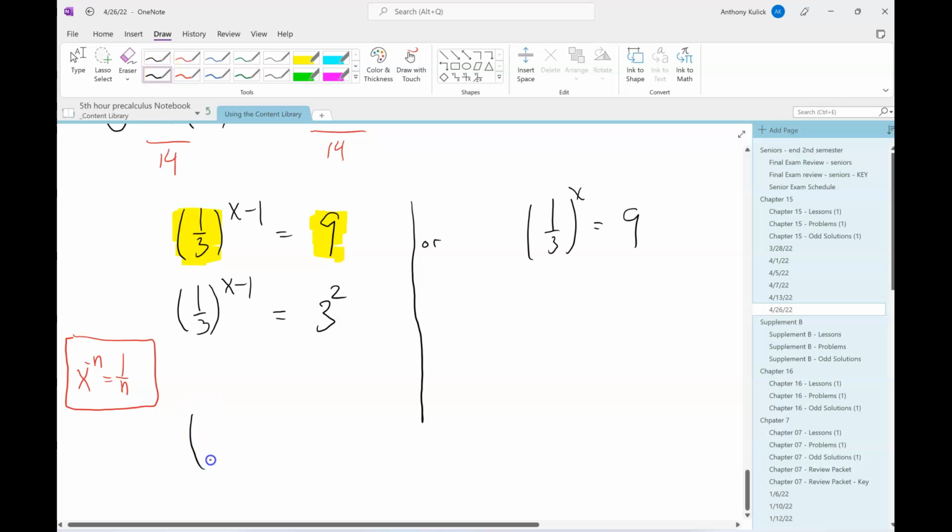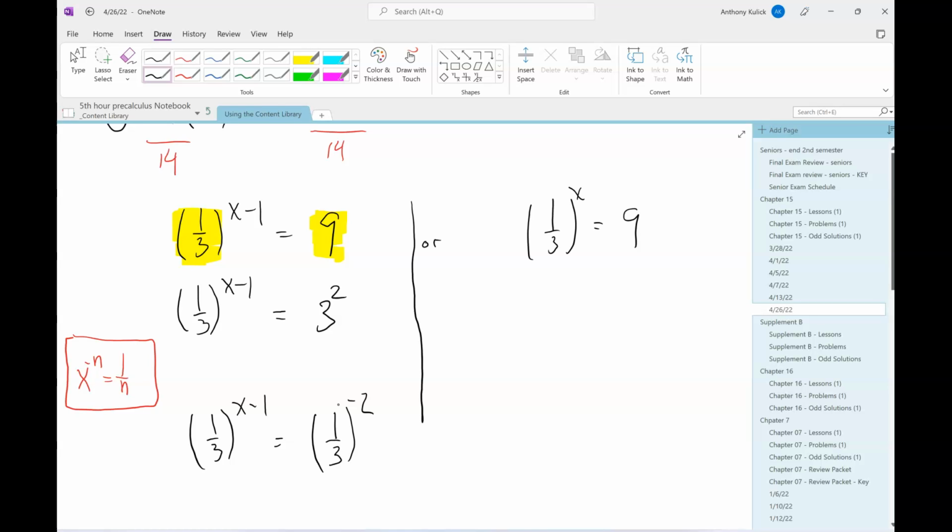So I'm going to use that here. So if I make a reciprocal, I'd also need to make a negative exponent, right? Because if I make the reciprocal and give it a negative exponent, it's like I've done nothing at all.